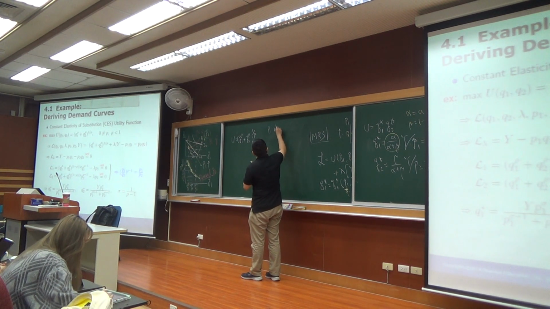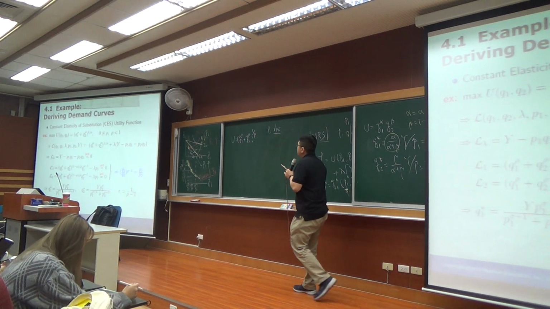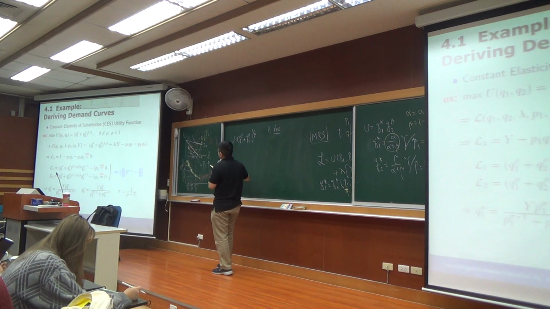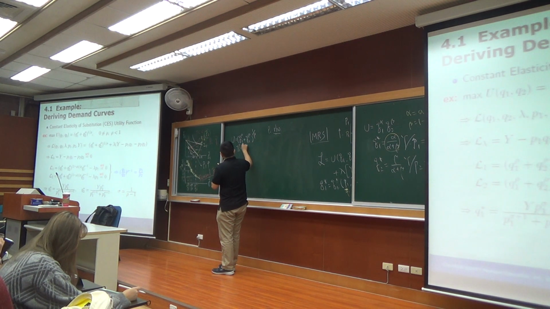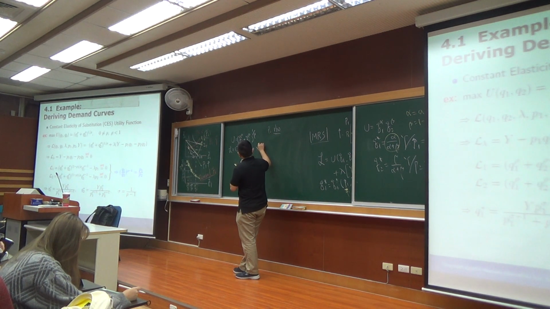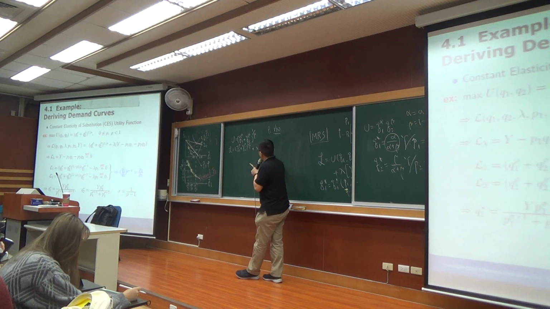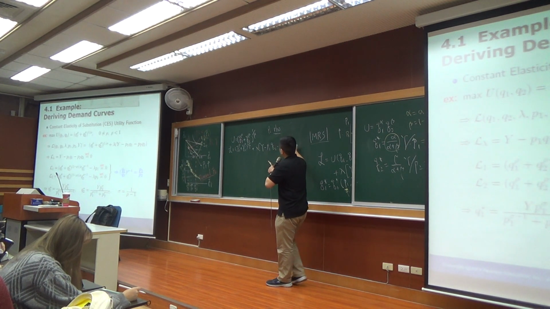Alright, same thing. The Lagrangian function: Q1 rho plus Q2 rho, to the 1 over rho, plus lambda times (y minus P1 Q1 minus P2 Q2).